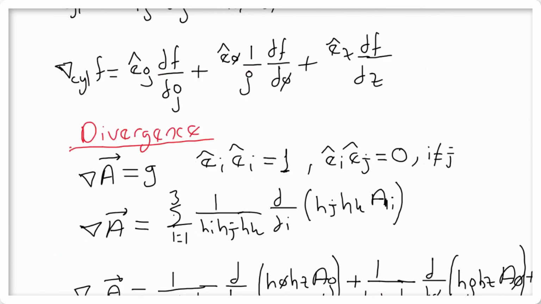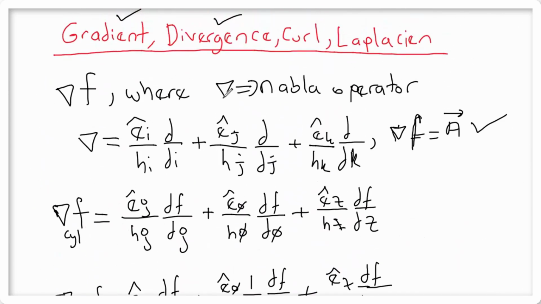Here's who finished after the curl operation. Let's do it like this. After finishing curl, let's move on to the one we call Laplacian, and even the most necessary ones for us.